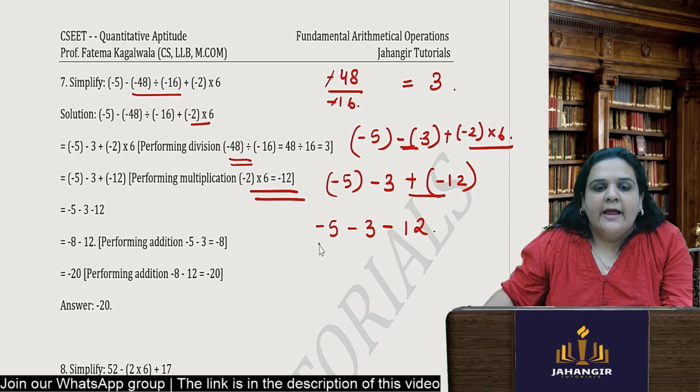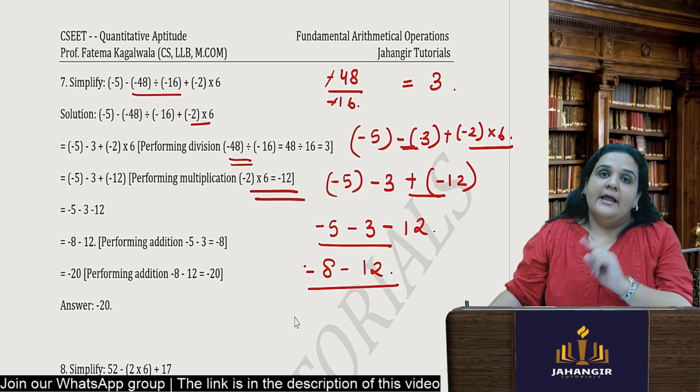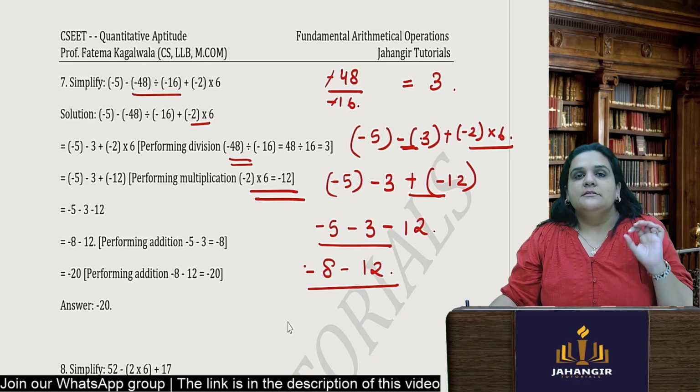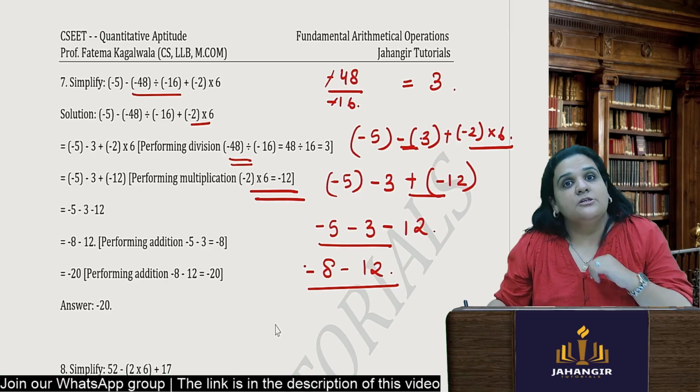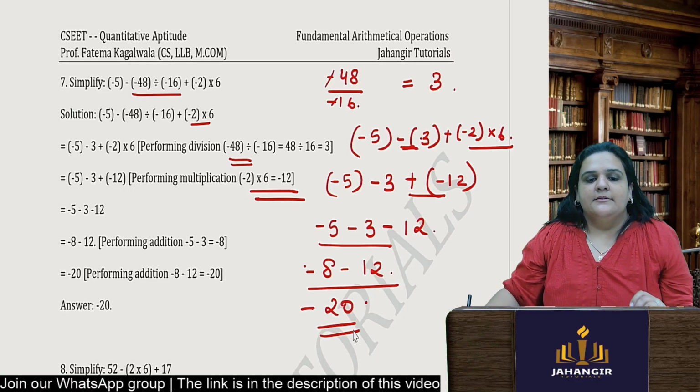Minus and minus, it will always be addition. You have to add. Minus and minus, negative integers, two negative integers always add. But the sign will always remain of minus.